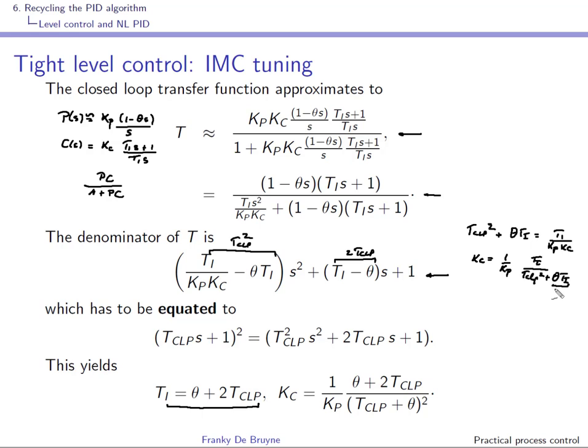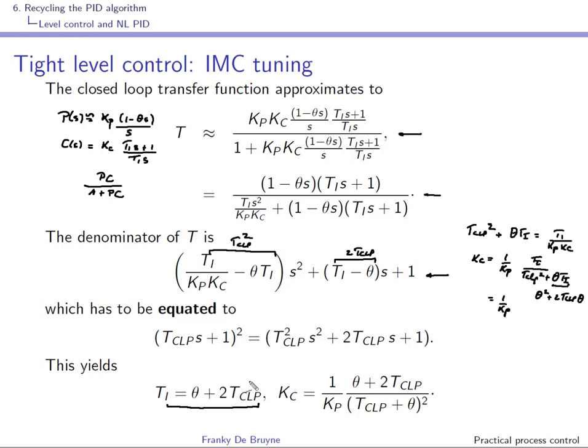So this one here, theta Ti, will be theta squared plus 2 TCLP theta. So if you look here at this one, this is really (TCLP plus theta) squared. So we end up with 1 over Kp.